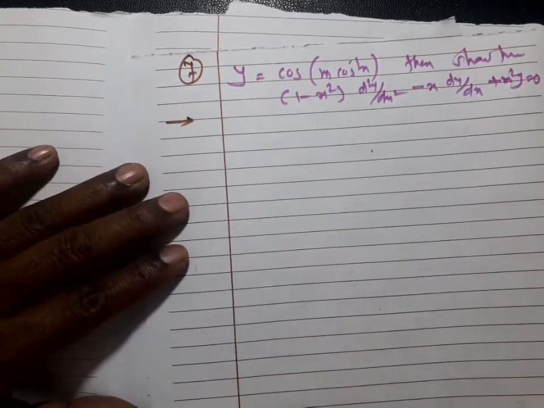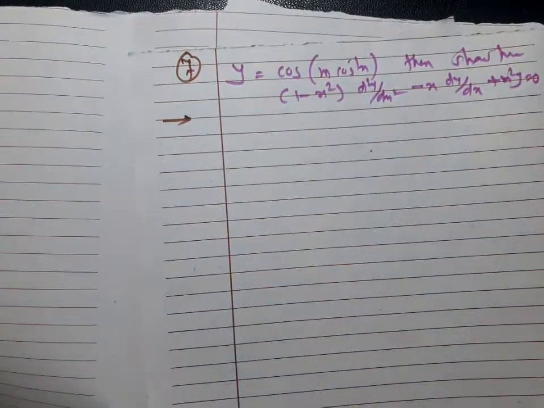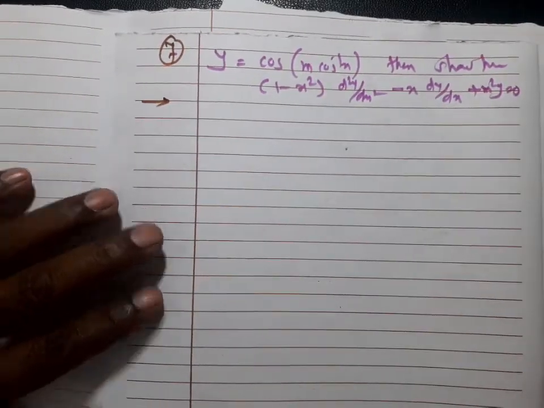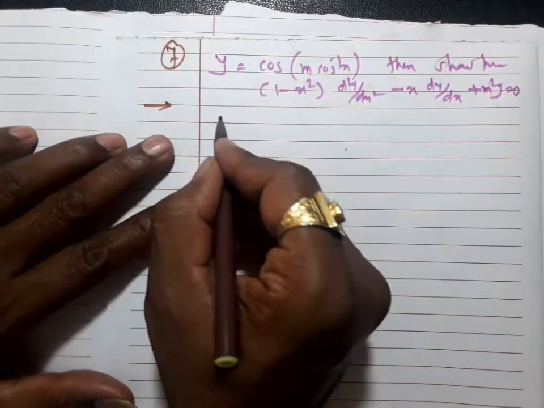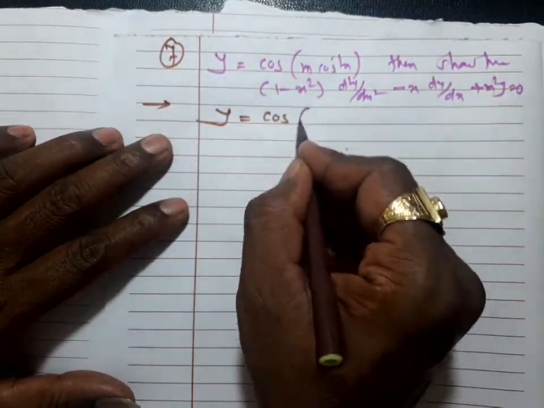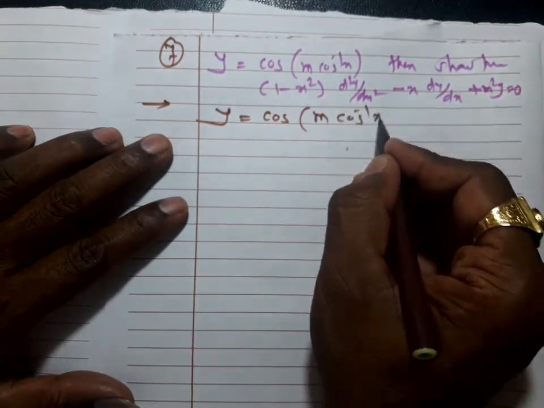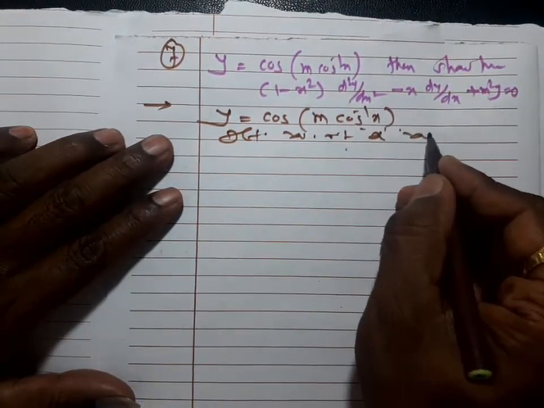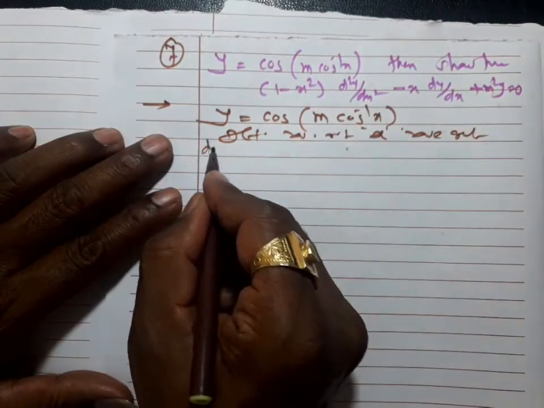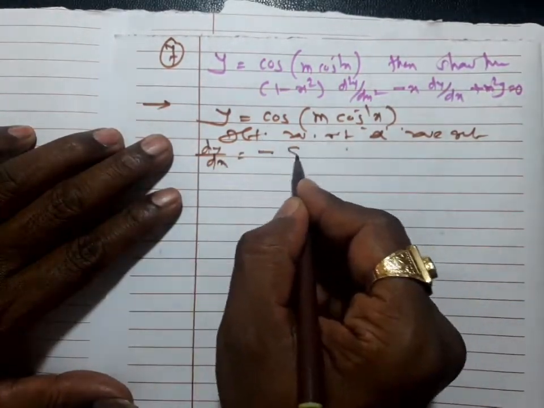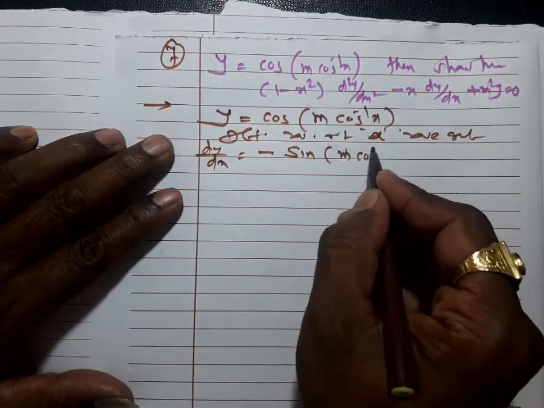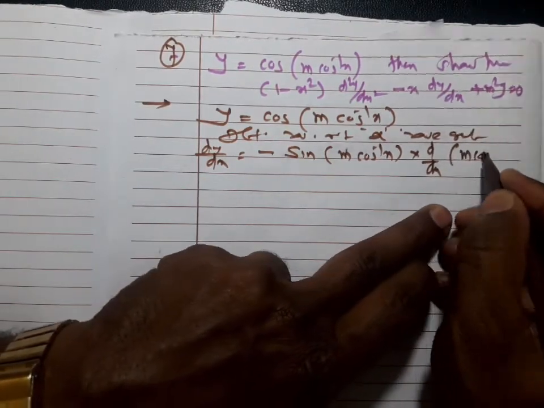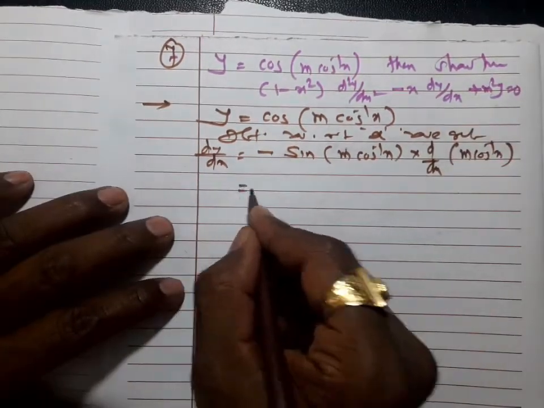Now example number 7, very interesting. y is cos of m cos inverse x, then show that 1 minus x square d2y by dx square minus x dy by dx plus m square y equal to 0. So y is equal to cos of m cos inverse x. Differentiate with respect to x, we get dy by dx, cos is minus sine, minus sin of m cos inverse x into derivative of m cos inverse x.